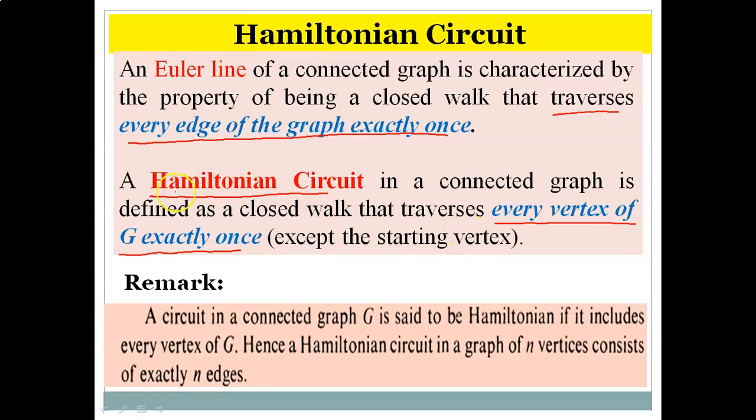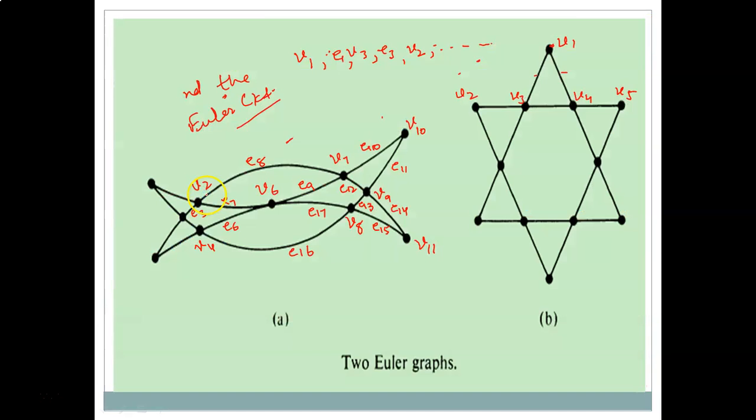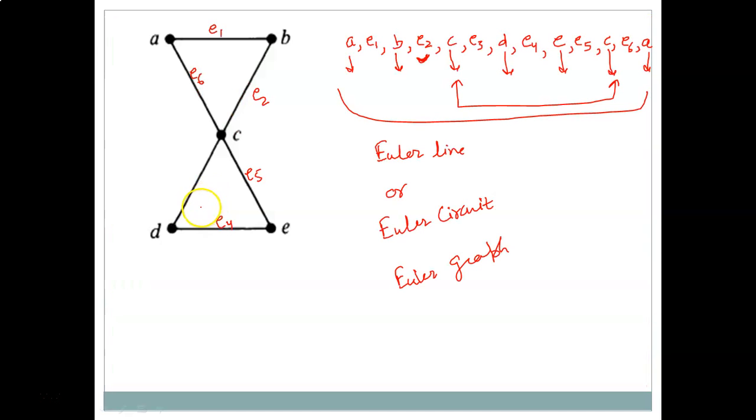So in this regard, the earlier one is an Euler line, but this is not a Hamiltonian circuit. This is definitely an Euler circuit as I have explained here, but it is not a Hamiltonian circuit because in this case the vertex C is traversed two times.